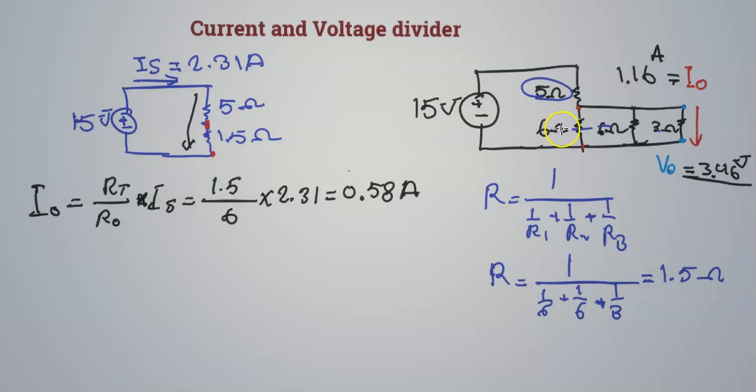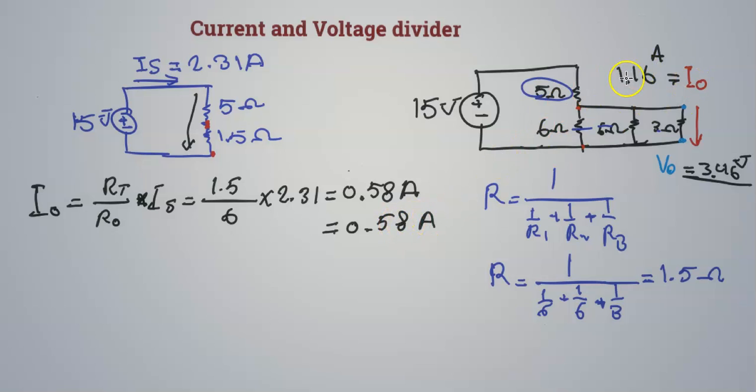And because this resistor has the same value as this one, both have the same current going through them, so 0.58 ampere.